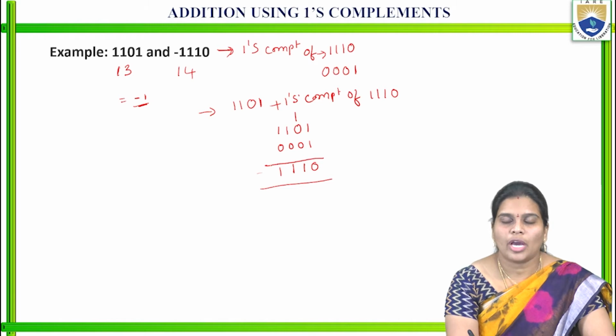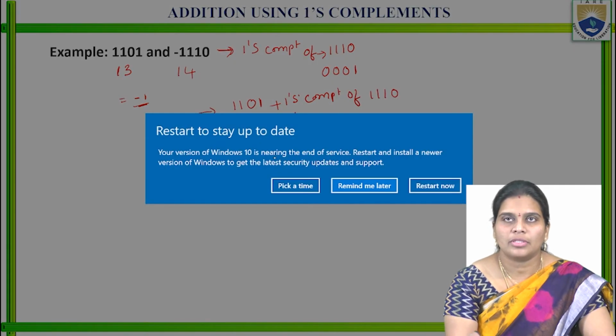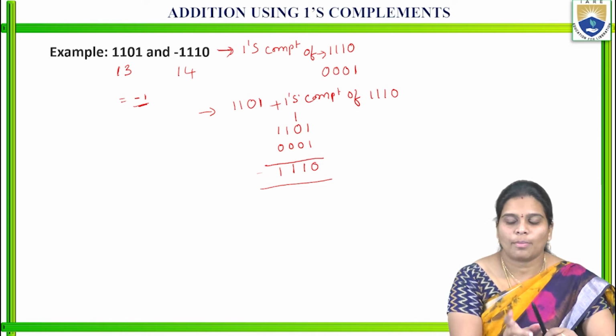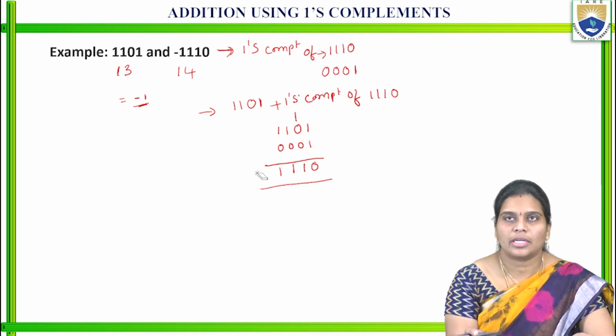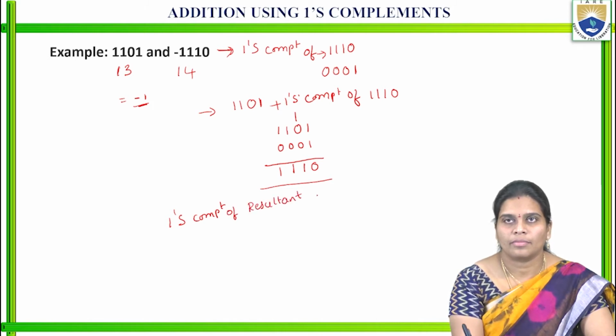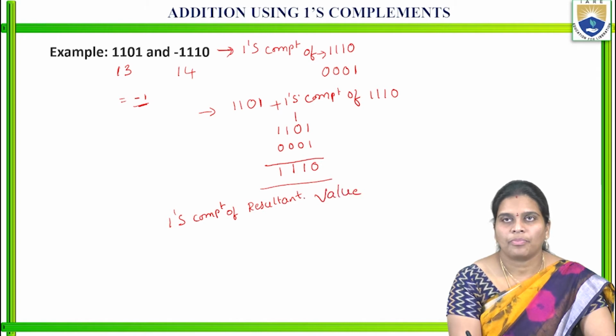So now we are applying the ones complement of this resultant value. Here 1110 is there. Applying the ones complement, zero will change to one, and the ones will change to zeros. So 0001.